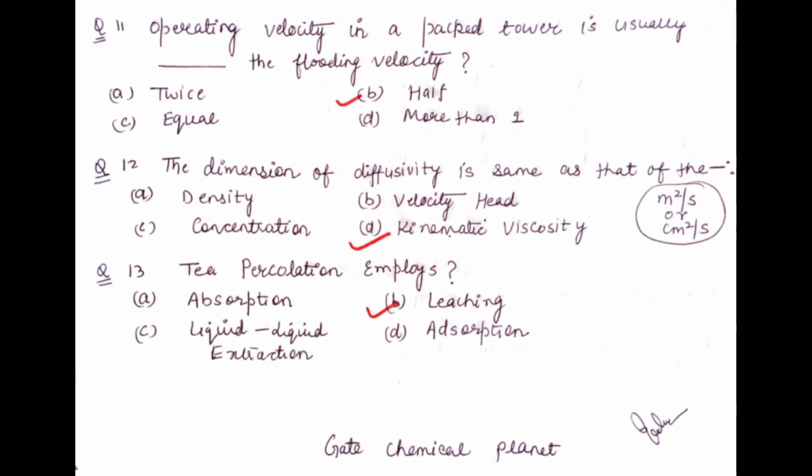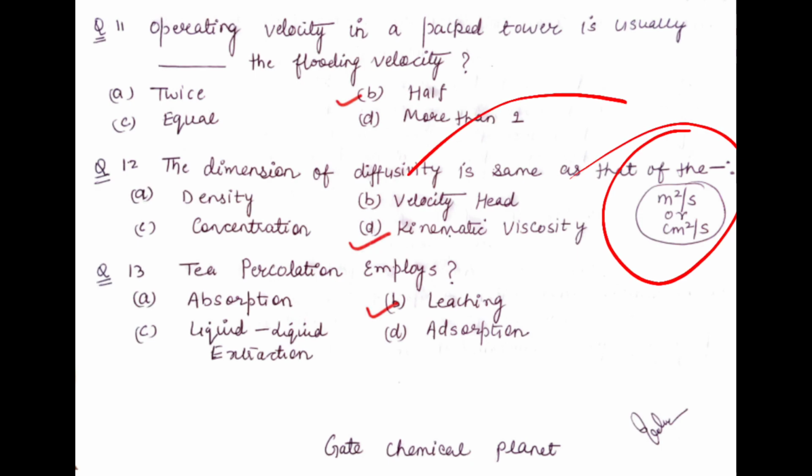The dimension of diffusivity is the same as that of the density, velocity head, concentration, or the kinematic viscosity. So student, the unit of diffusivity is the same as that of kinematic viscosity, and the unit is meter square per second or centimeter square per second.